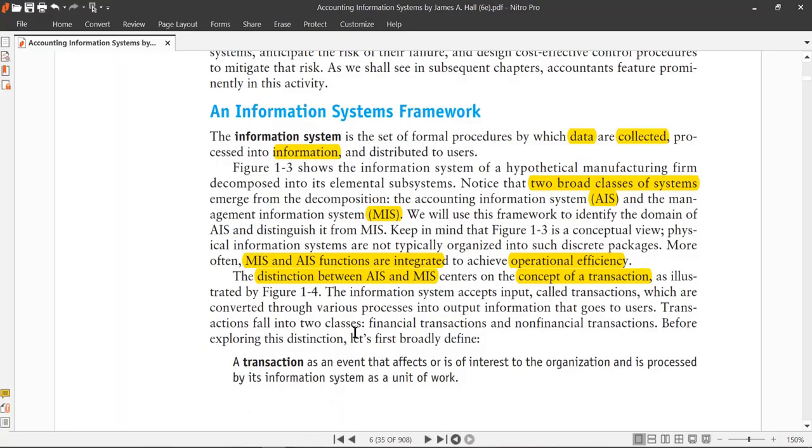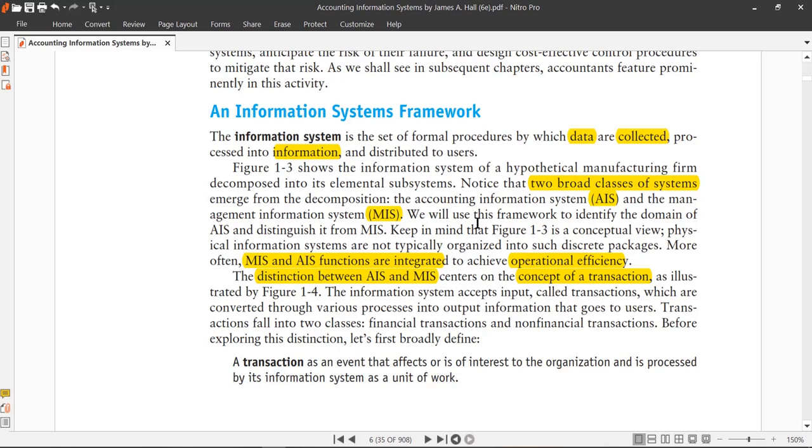Okay, bumalik ako dito just to tell you that in this page, binanggit yung information system. And then, nagbanggit na there are two broad classes of systems dito sa ating chapter 1. Just to tell you, when we say information system, masyadong broad yun.